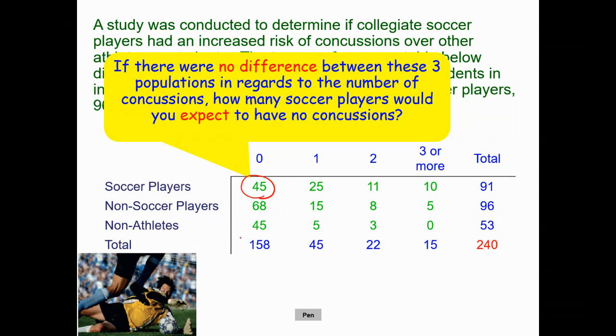158 times 91 divided by 240. So if we did that, what would we get to 2 decimal places? $59.91, that's right.